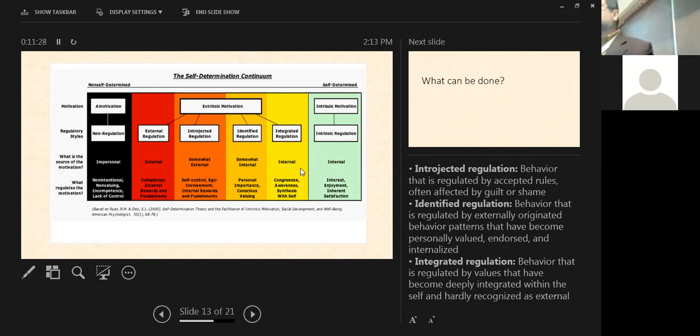So that's what regulates. And in between, you have various external and some internal as your continuum shifts from external to internal. At different activities, we can all place ourselves somewhere on this scale.